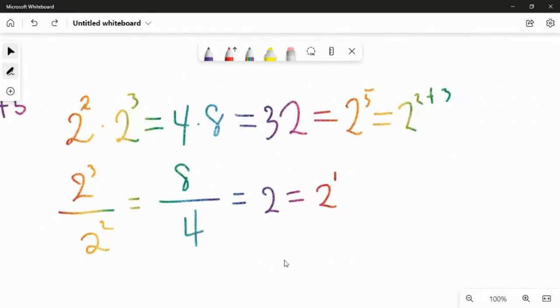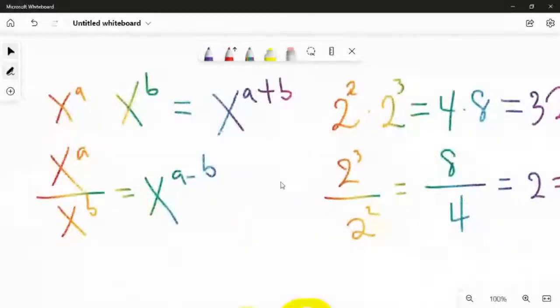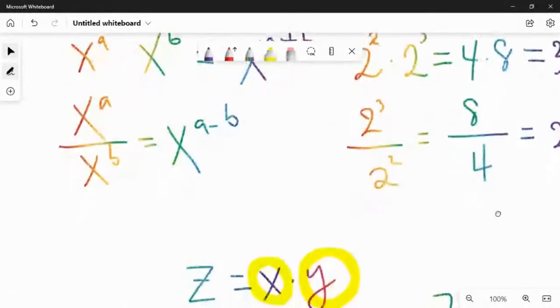But then, which is exactly 2 raised to the third power minus 2, as it says here. It's not a difficult thing.